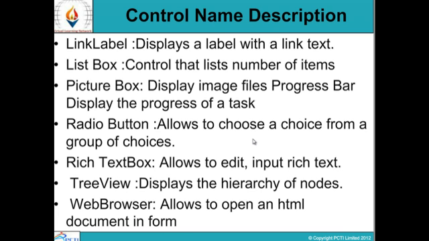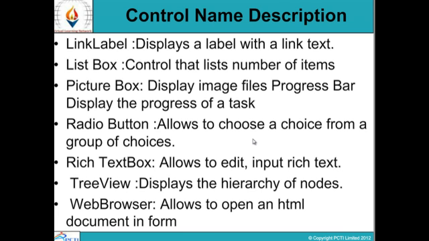List box. Next control is list box, which lists out a number of items. Picture box, as the name suggests, displays image files. Progress bar basically displays the progress of a task. Next control is radio button, which allows you to choose one choice from a group of choices.